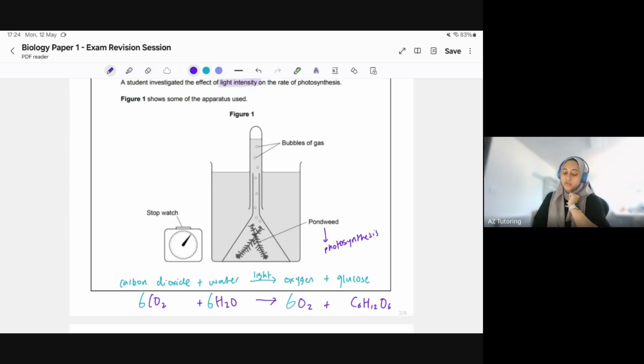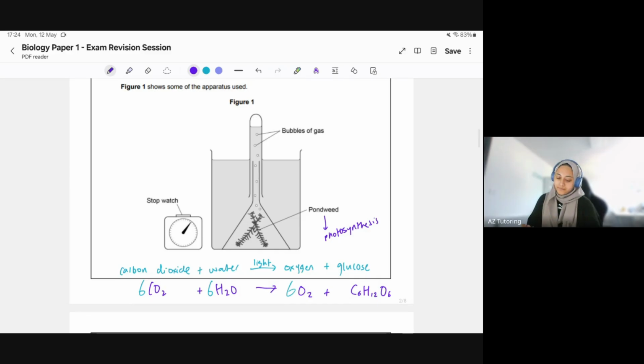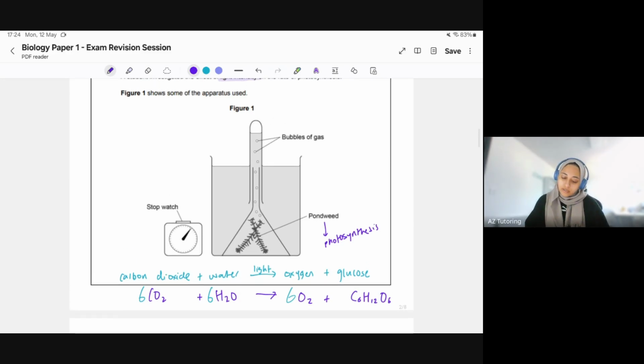So try and not mix both of them, either just learn the word version or the one with the elements in. Okay, and so if this pondweed is photosynthesizing, these bubbles of gas that the pondweed is producing surely has to be oxygen, because that's what's getting released by photosynthesis.